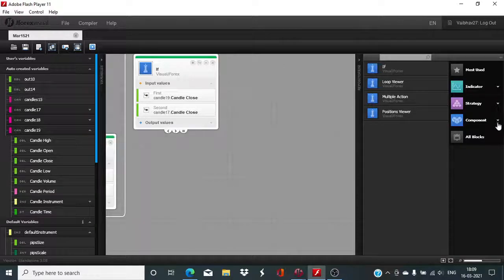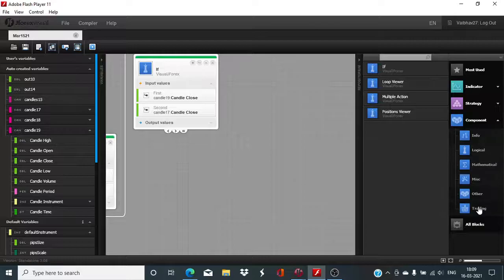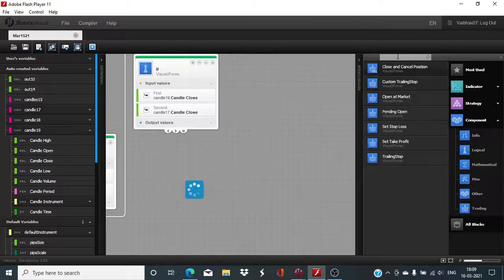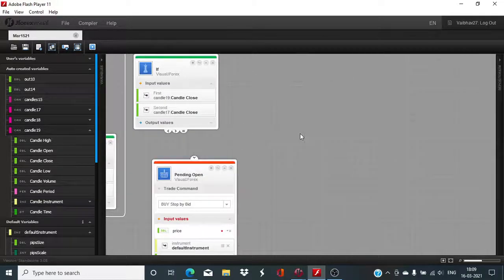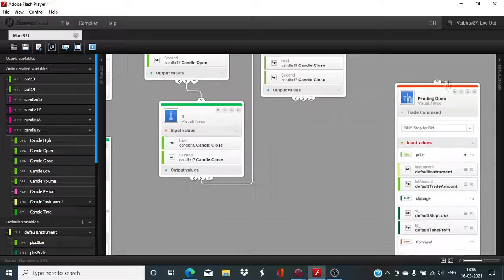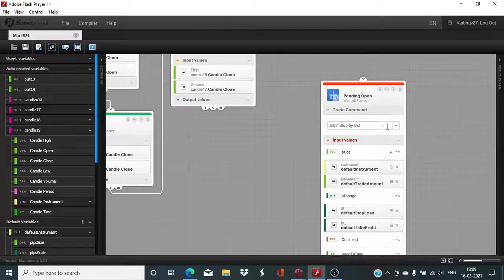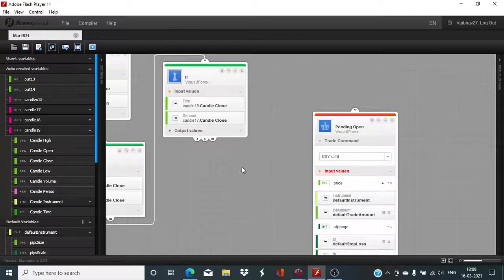And then comes the order execution block. For that we will have to look at trading blocks, and here it is going to be pending open, not market open, and it will be a limit order as it will be placed below the market price.